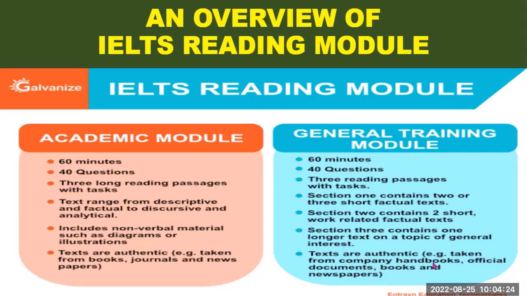You see the slight difference. The other ones are taken from books, which could be academic books, but these are taken from company handbooks, official documents, all right, books and newspapers. So that is exactly what the IELTS reading module looks like, in terms of what you should expect for the academic test and for the general training, okay?